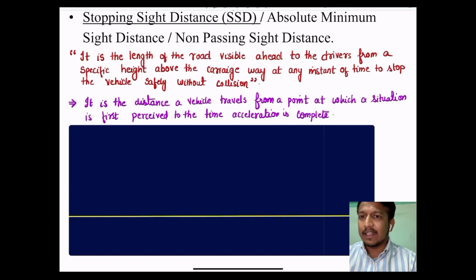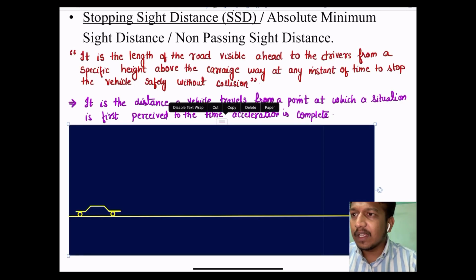To understand this, let's say this is the road you have and I'm showing one vehicle. This vehicle is moving on the road with, let's say, v meter per second.